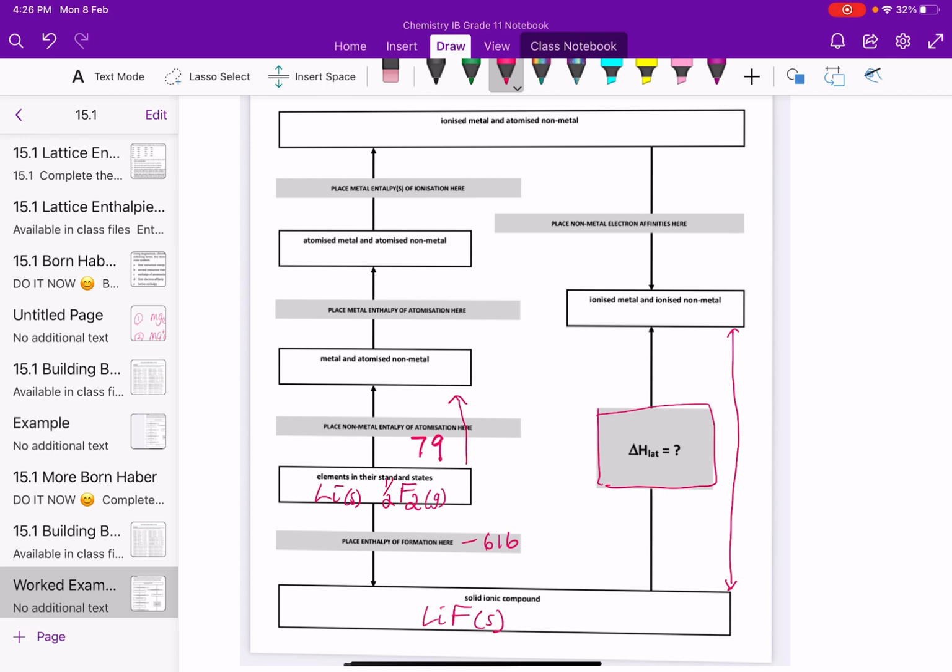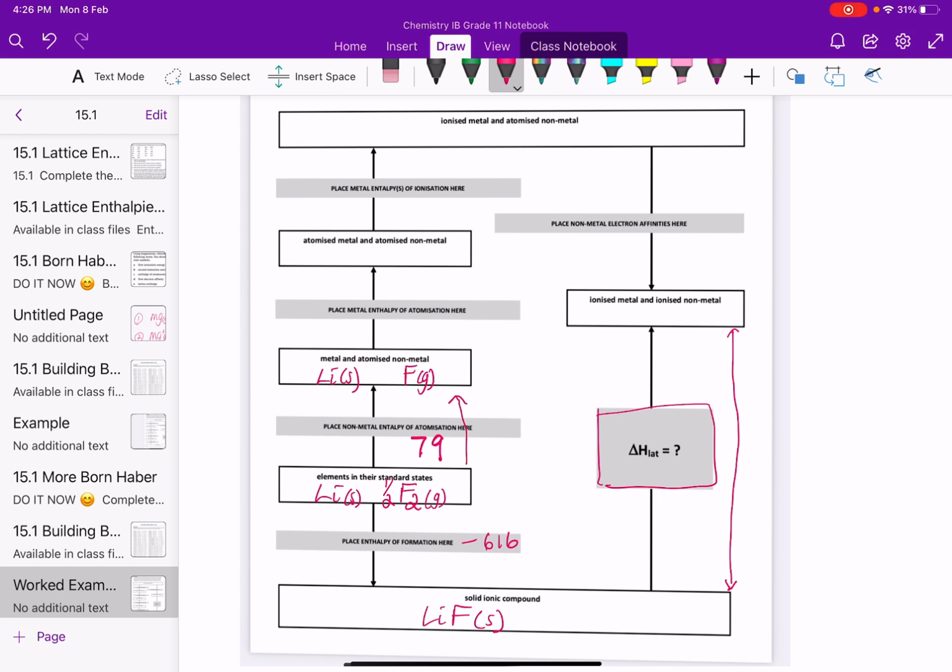Once the fluorine's been atomized, it then becomes F rather than half F2. It's in its gaseous state because that's necessary for atomization to take place. The metal, nothing happened to the metal, it's still exactly the same. We can only do one thing at a time. So we've gone from lithium with the fluorine into lithium and then a fluorine atom.